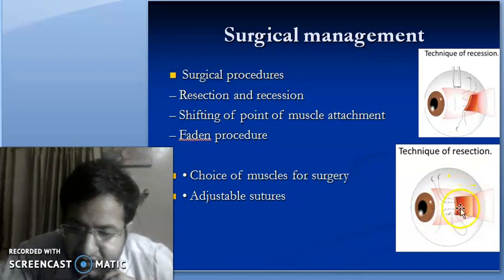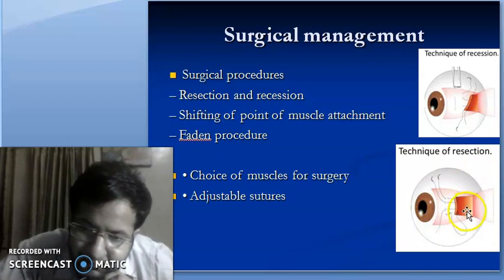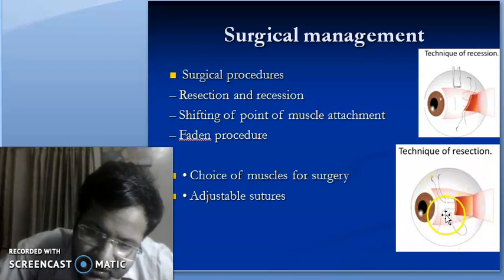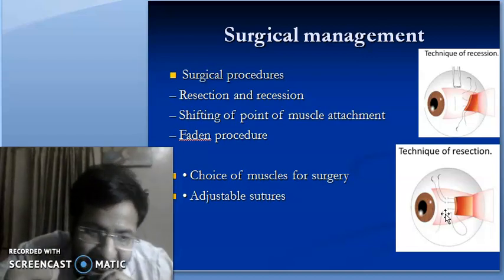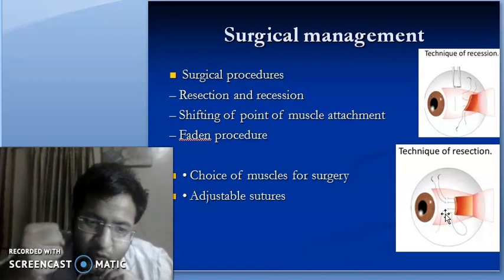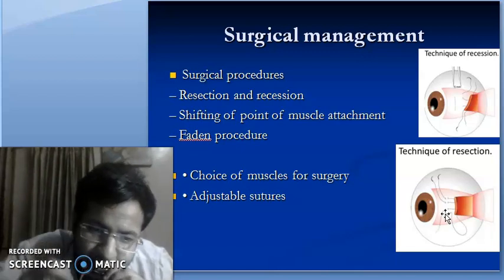We are cutting the muscle tendon and then pulling the muscle and attaching at the same location. It is known as resection, and because of resection, the muscle always tightens and strengthens. So whenever we have to strengthen a particular muscle, we have to resect that muscle.